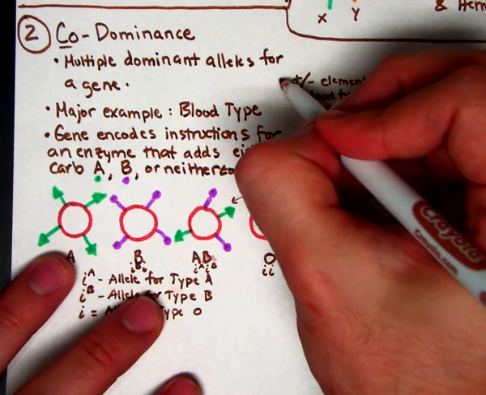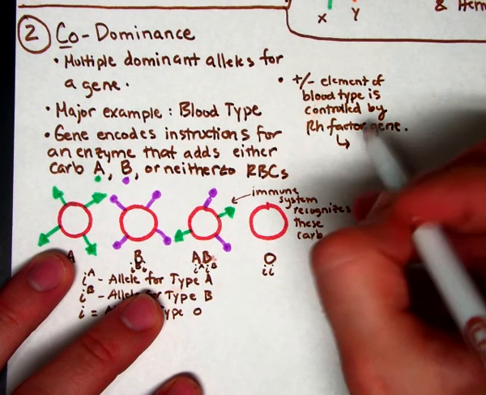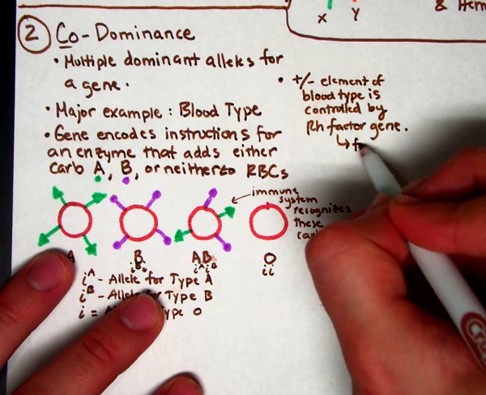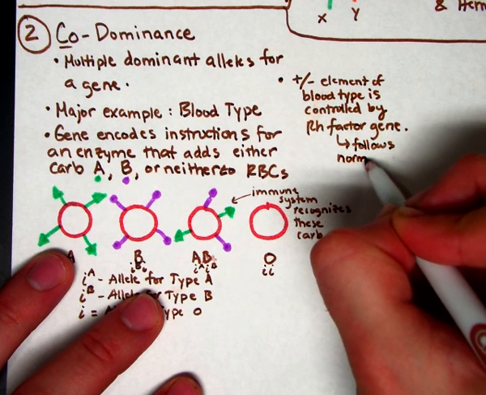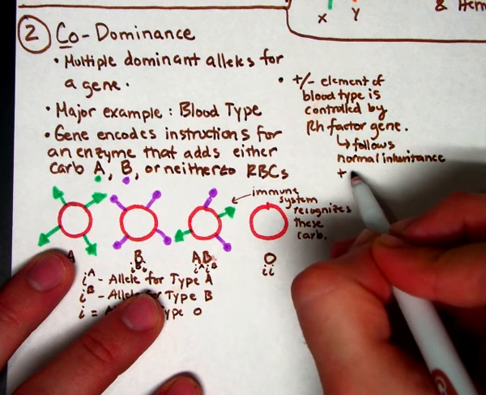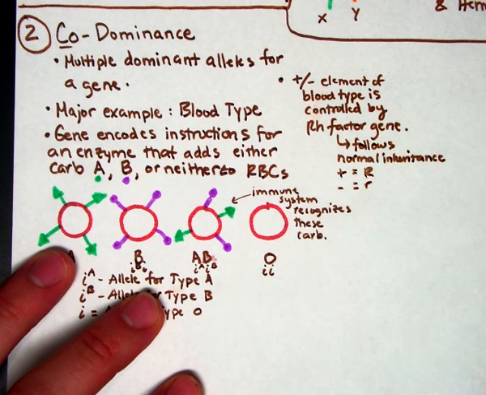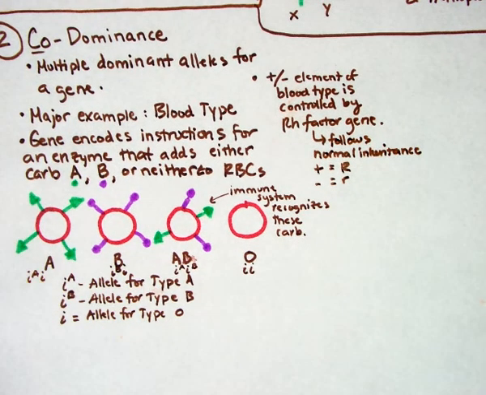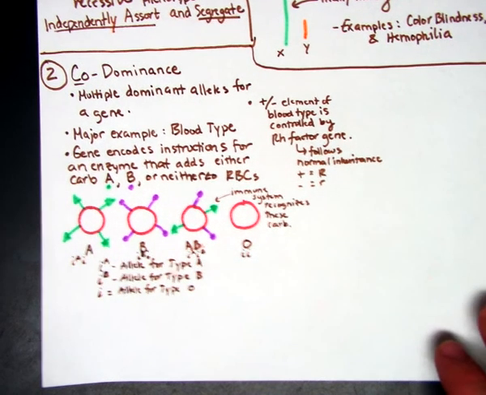And this follows normal inheritance, where positive is dominant and negative is recessive. So the whole Rh factor is normal Mendelian inheritance, so you combine these two genotypes to get your blood type. Okay. We doing okay? Yeah?